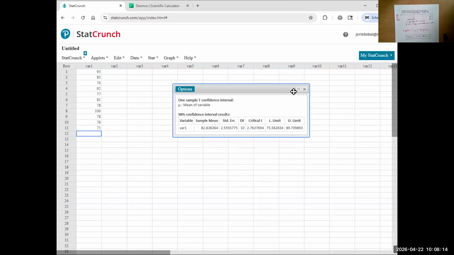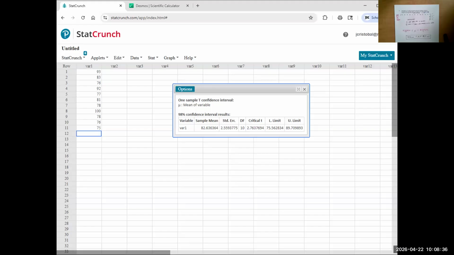And so for our summary, with 98% confidence, we're estimating that for all children's animated films, they're going to be between 75.6 minutes and 89.7 minutes. Okay, so we estimate what that population value would be based on that sample.